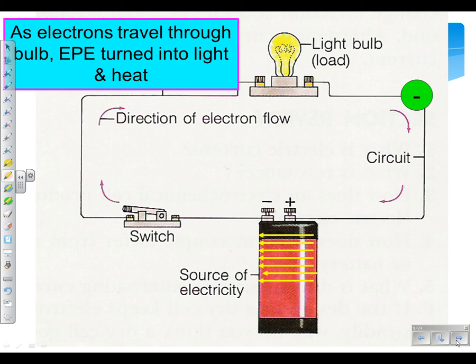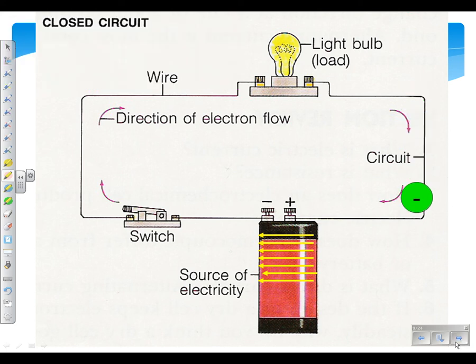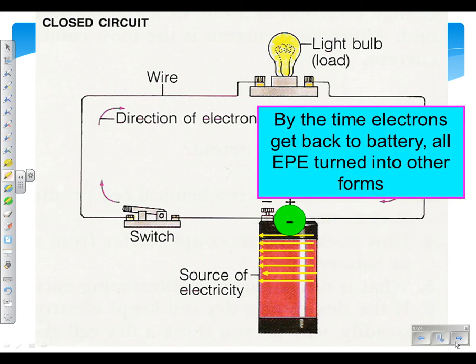Eventually, where do these charges end back up? On the right side of the room. Eventually, they end up back at the positive terminal of the battery. By the time they get back to the positive terminal, what has happened to all the electric potential energy that these electrons had? It's gone, turned into other stuff. But then, what does the battery do?